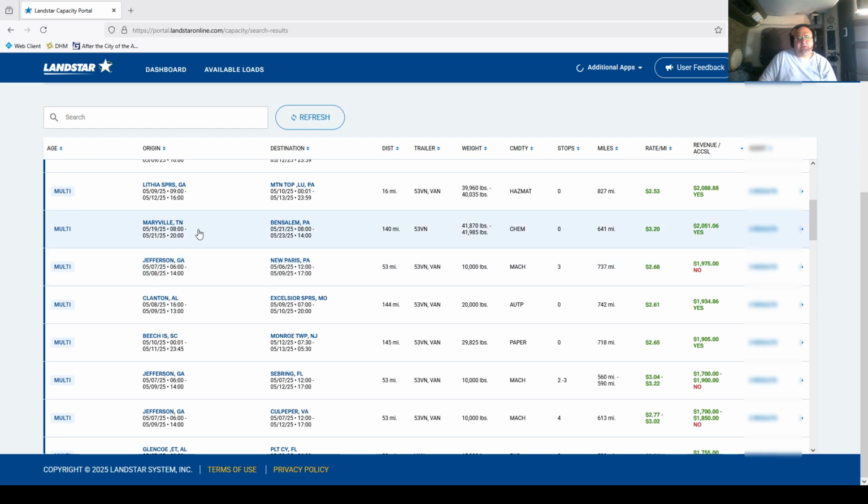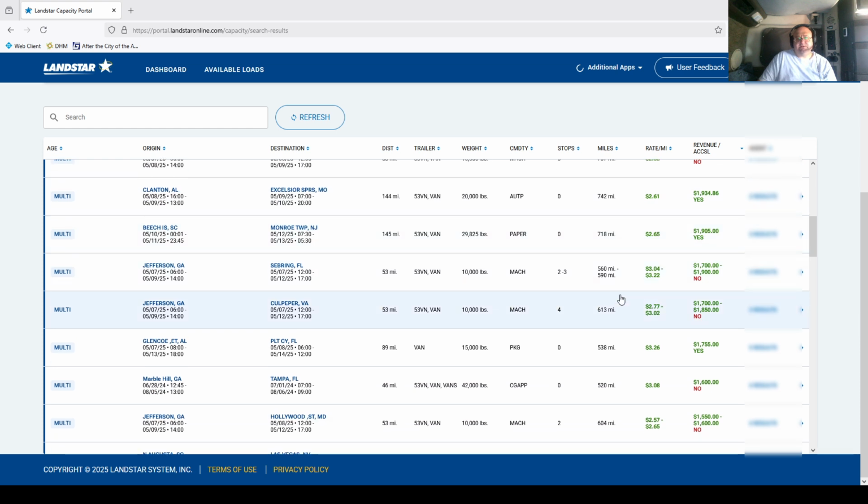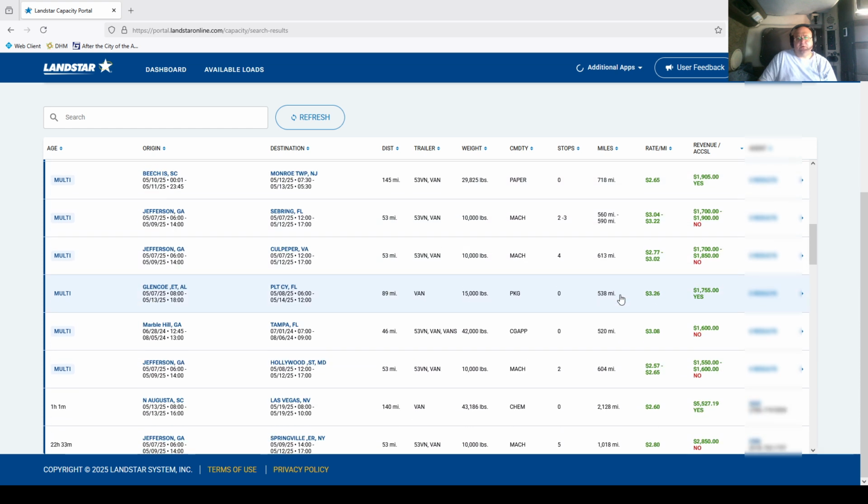Here's one. Maryville, Tennessee to Bensalem, Pennsylvania. $3.20 a mile, $2,000, 641 miles. Let's keep scrolling, see if we see anything else. Florida for $3 a mile is bad.